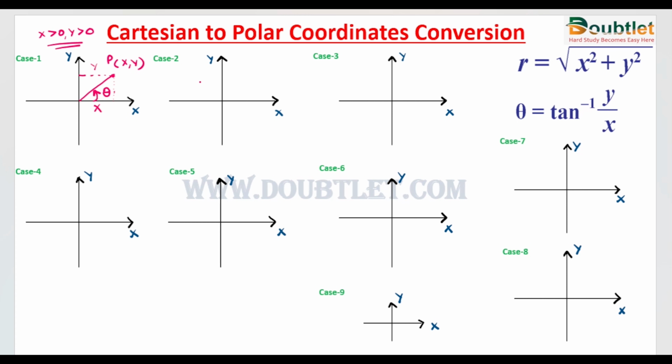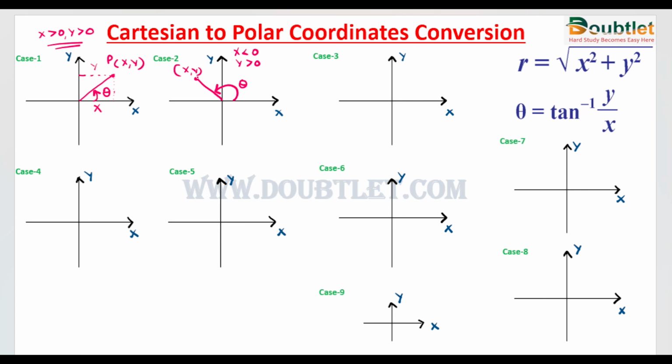Suppose a point is lying in the second quadrant, with coordinates x comma y. Here x would be less than 0 and y would be greater than 0. We draw the angle in the anti-clockwise direction from the positive direction of the x-axis; this is the angle theta.